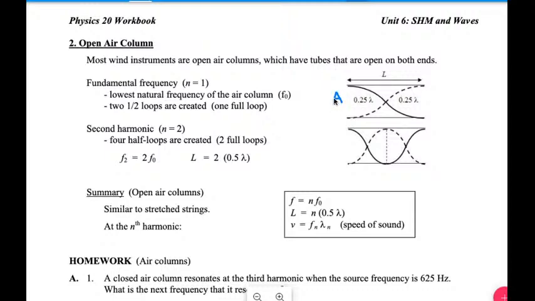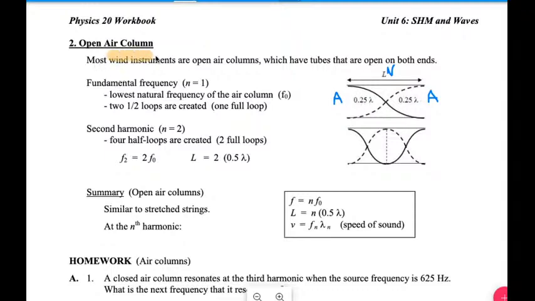Antinode, node, antinode. It's impossible to have two open ends without having a node in the middle. So our fundamental frequency is going to be antinode, node, antinode, which ends up being half of a wavelength, a quarter plus a quarter loop.